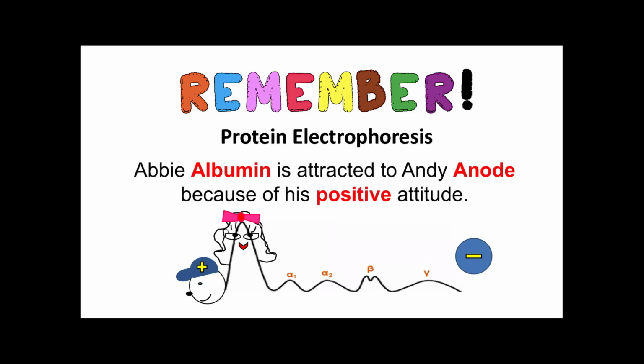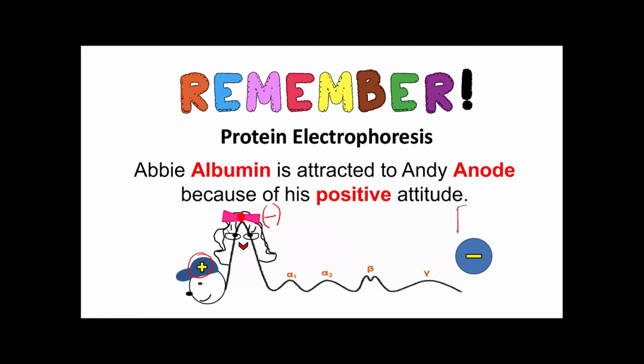To easily remember the normal electrophoretic pattern of the proteins in the blood, just remember this analogy. Albumin is attracted to the anode because of his positive attitude. So take note that the anode is the positive pole or the positive terminal. That's why albumin is attracted to it, because albumin is the most negatively charged among the protein fractions, especially at a basic pH where proteins are negatively charged.